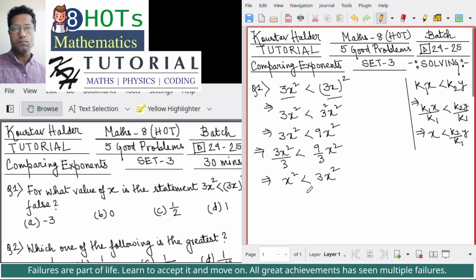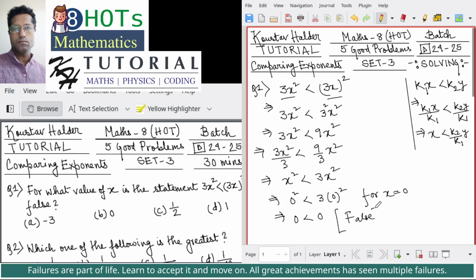If you consider x as 0, this implies that 0 square is less than 3 multiplied by 0 square, for x equal to 0. Now this implies that 0 is less than 0.